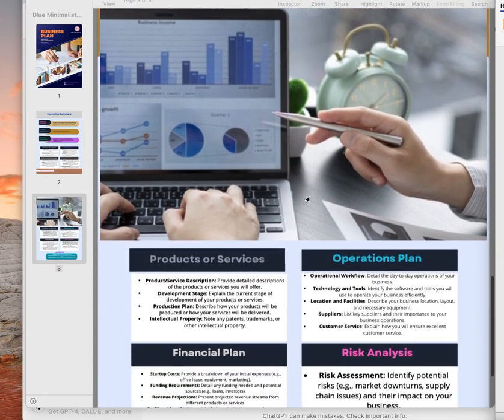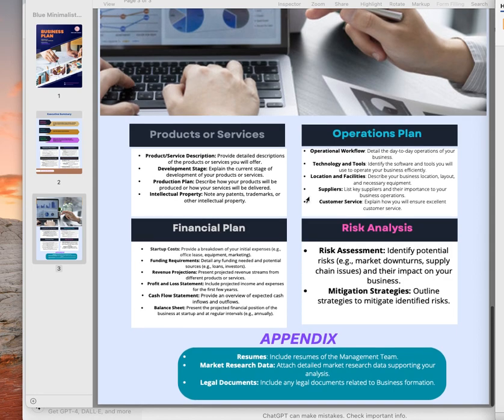And then next section is products or services. So provide a detailed description of the products or services you will offer. Then your development stage, explain the current stage of development of your products or services. And then production plan, describe how your product will be produced or how your service will be delivered. Then you can note any patents, trademarks, or other intellectual property.